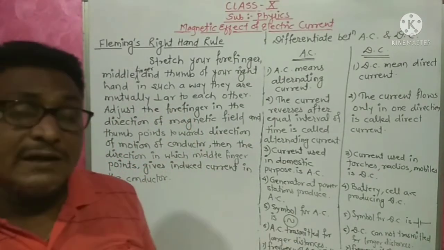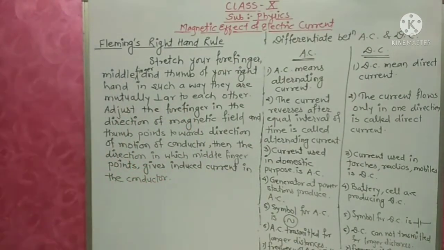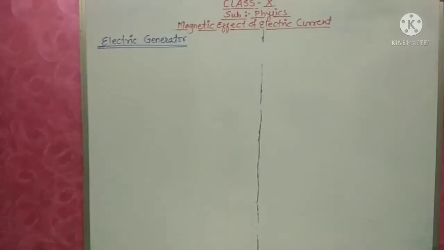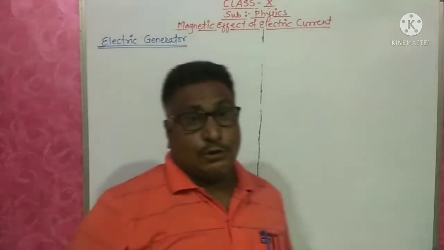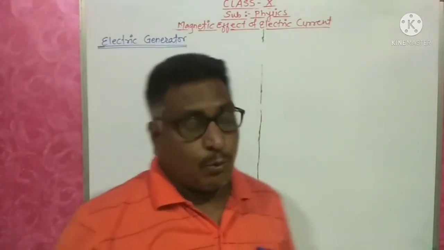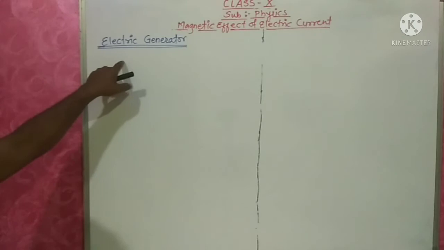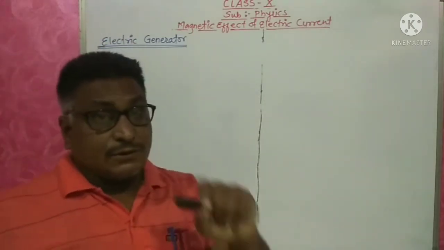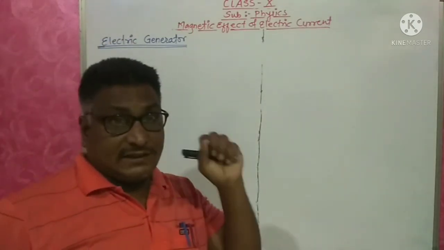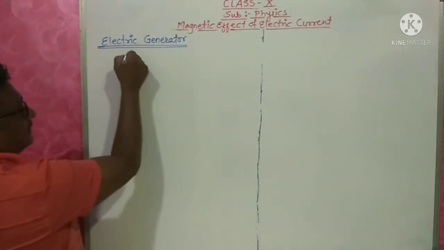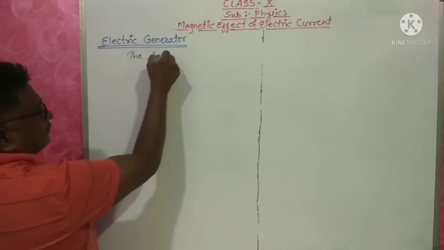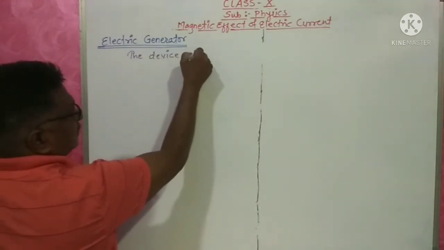Now we will go to the generator. Now electric generator. What is the meaning of electric generator? Generator means to generate. What are they generating? Electricity. So a device which generates electricity is called a generator. How to write the definition?